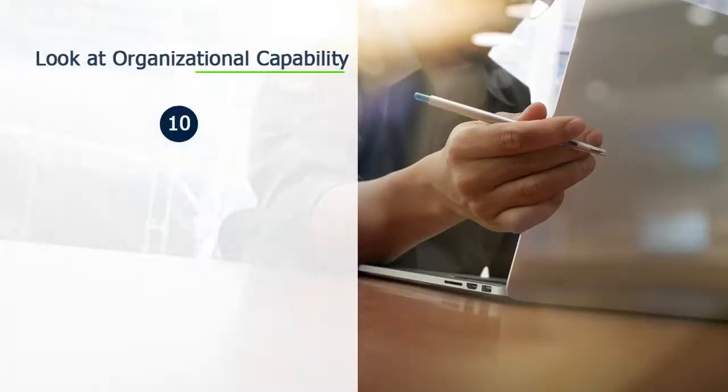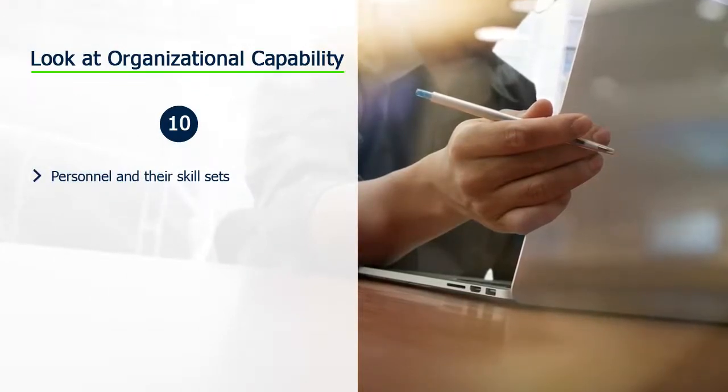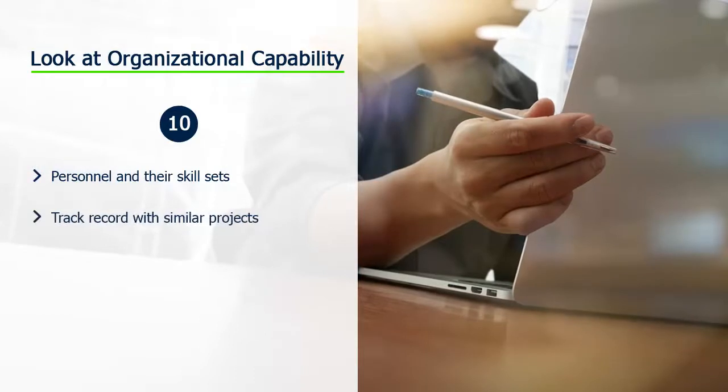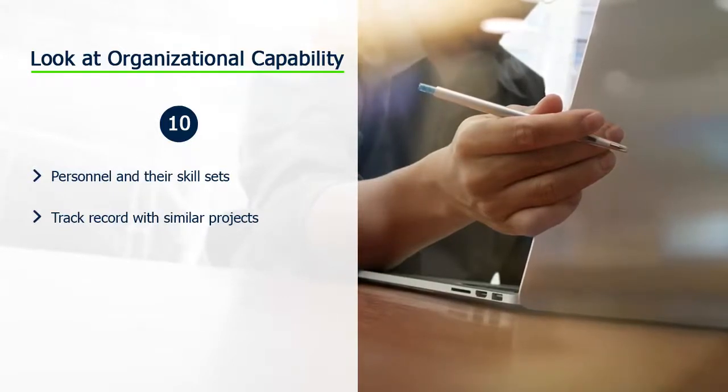10. Consider contractor capabilities. Before bringing a contractor on board, it's essential to understand their financial and organizational capabilities. Some questions to ask include, does the contractor have sufficient personnel? And do they have the required skills to complete the work efficiently and safely?